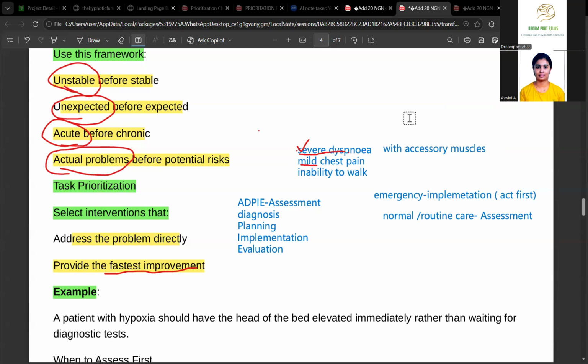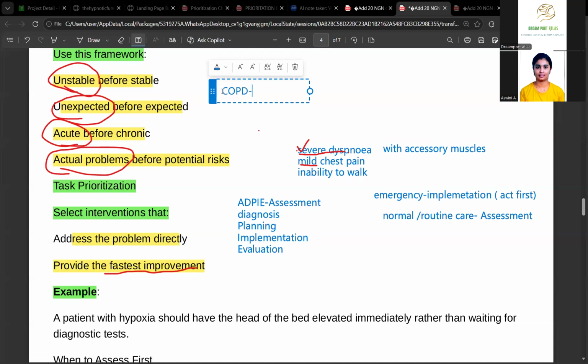A COPD patient with dyspnea is a normal expected finding only. But if your client has COPD, severe dyspnea with the use of accessory muscles for respiration, that is an emergency situation. Understood the difference? Yes, ma'am. Expected versus unexpected. I will give the example, COPD only I am taking.